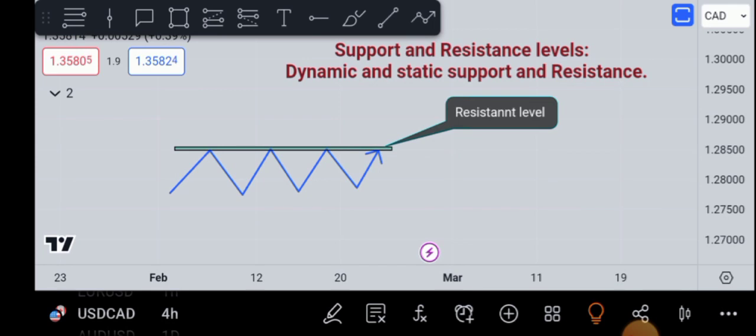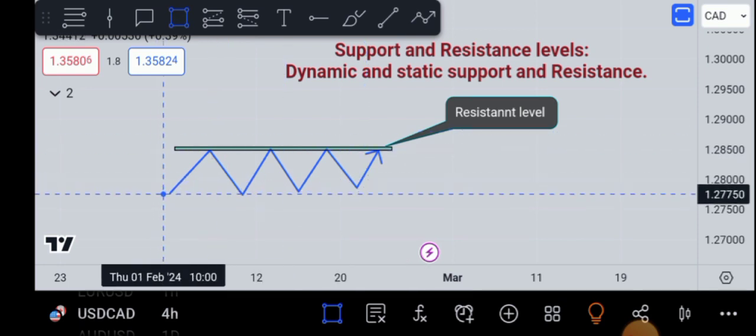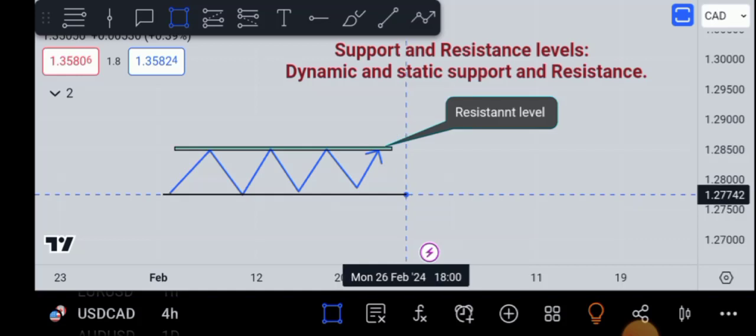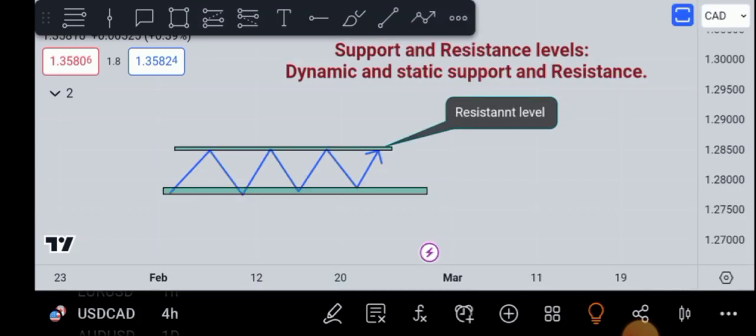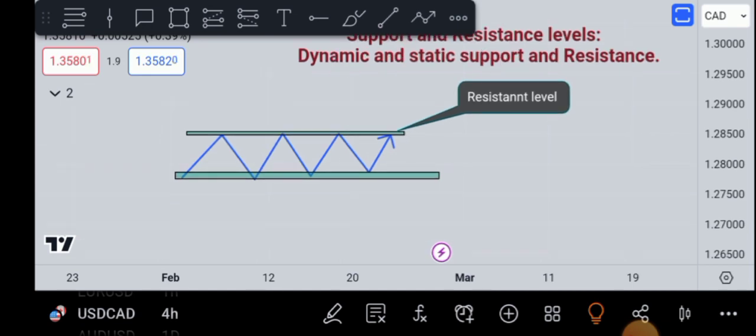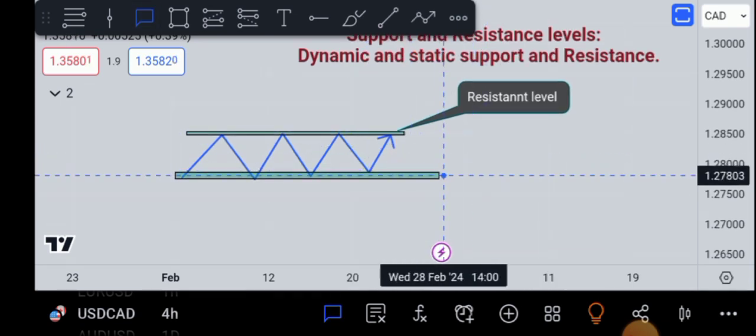Sorry about my spelling. Meanwhile, when price keeps doing this and it fails to break below a particular price level, then that is termed a support level.